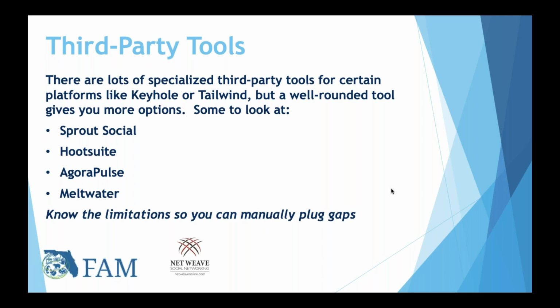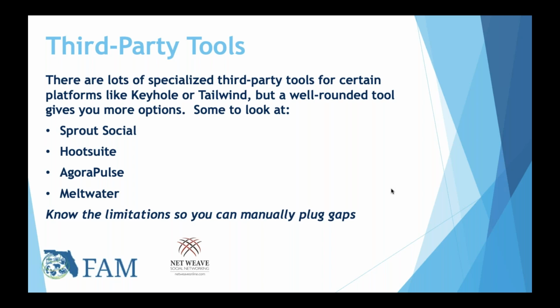It'll schedule it for Facebook, but then it will bring up the exact post again in a new edit window where now maybe I can recrop the picture and put a hashtag on it and send it to Twitter, or maybe I can put a dozen hashtags on it and send it to Instagram, or just change the wording a little bit, or recrop the photo, or even change the photo. So that I recommend because that is a time saver, but you should be customizing your content to the platform it's being sent to.